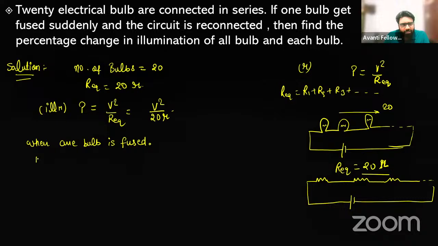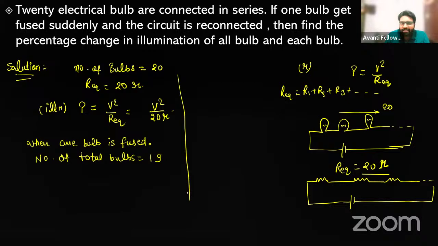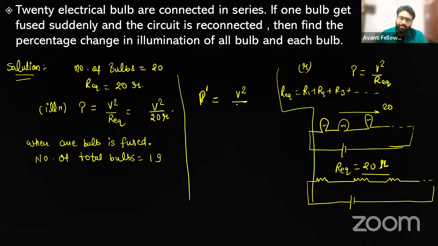So the number of bulbs will become 19. In the 19 bulbs, what is the power? Let's say P dash. These 19 are also connected in series, there is no change in the connection, so it will become V square upon 19R.